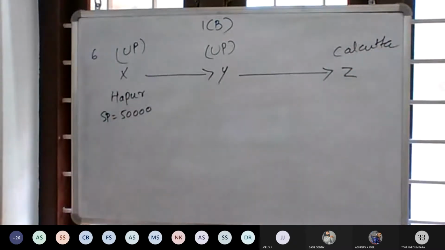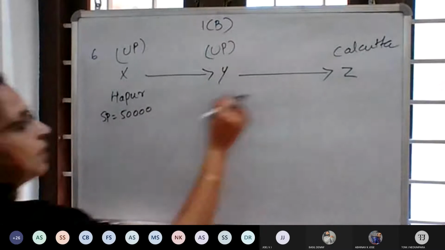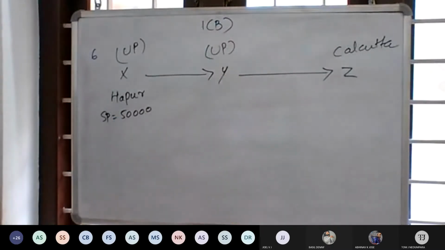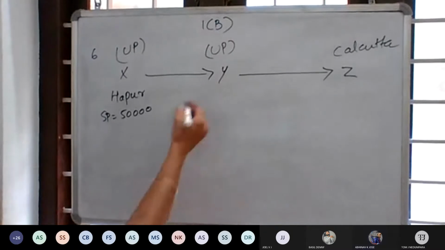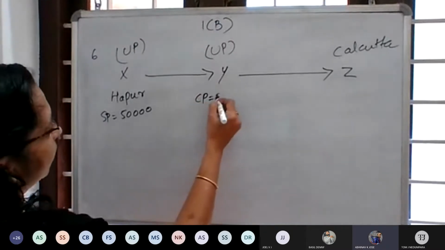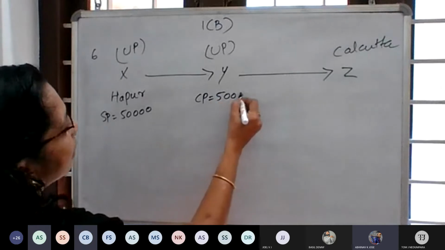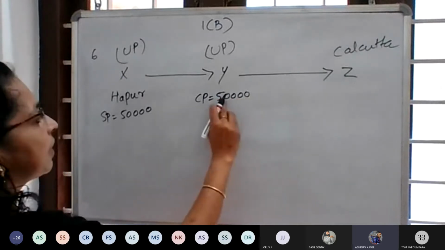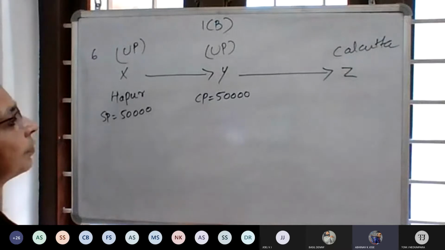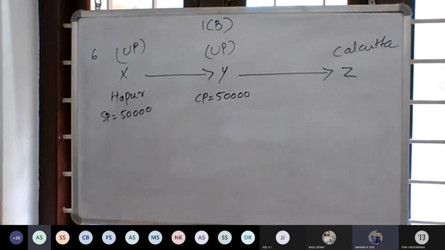Calcutta. Then what I want to write here? Here CP, no? What will be? 50,000. First you say, after that we can write. Then profit is given as what? Don't write now. 20,000.